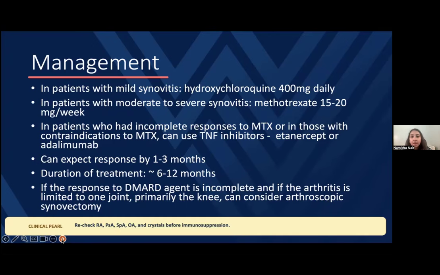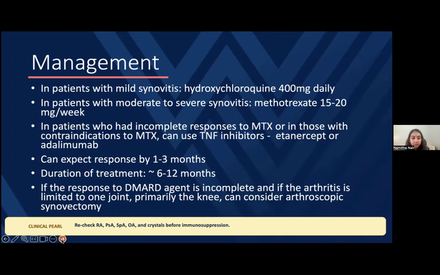In patients who have moderate to severe synovitis, you can choose methotrexate, depending on their tolerance and their weight. And in patients who had an incomplete response to methotrexate, you could consider using a TNF inhibitor. So very similar to how you would manage oligoarticular RA.